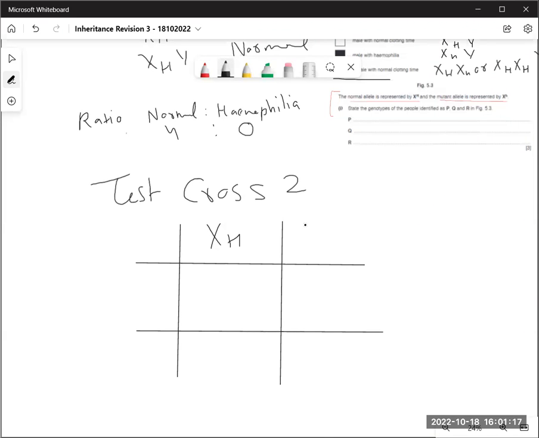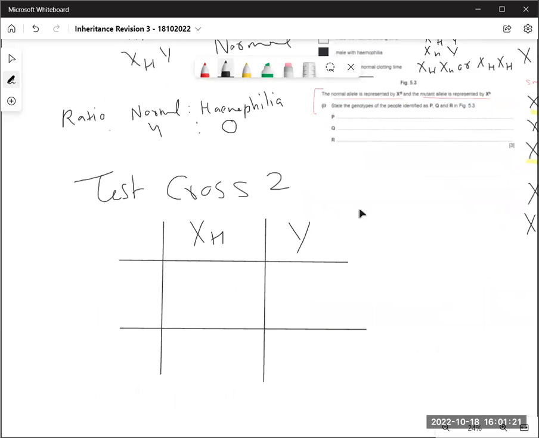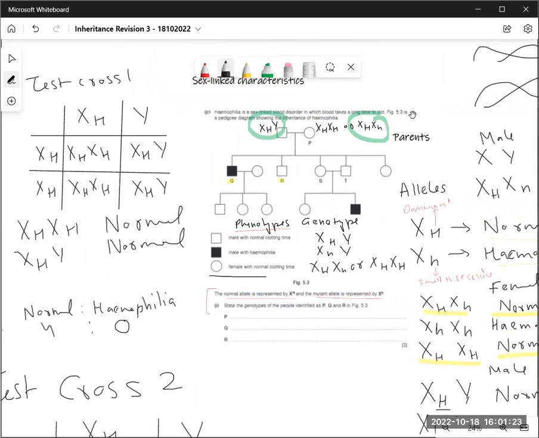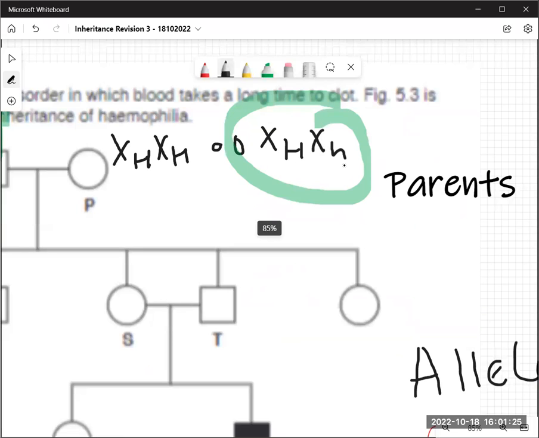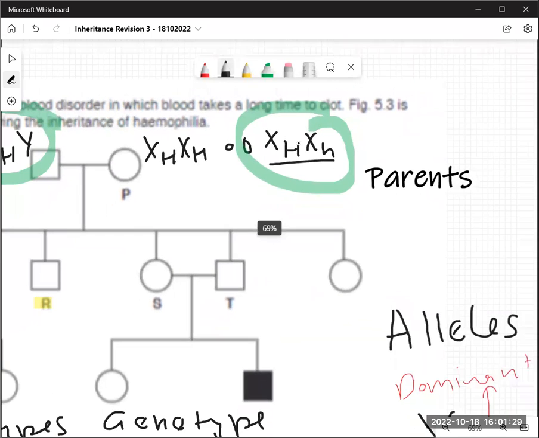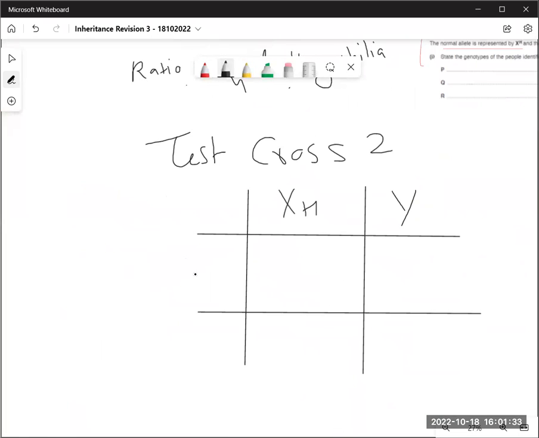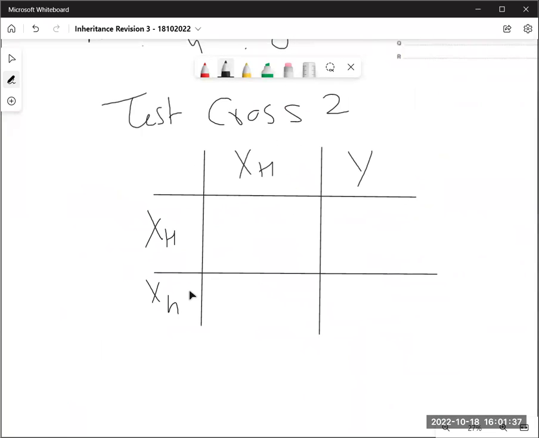What are the genotypes? We have X capital H and Y, and the other one is X capital H X small h.